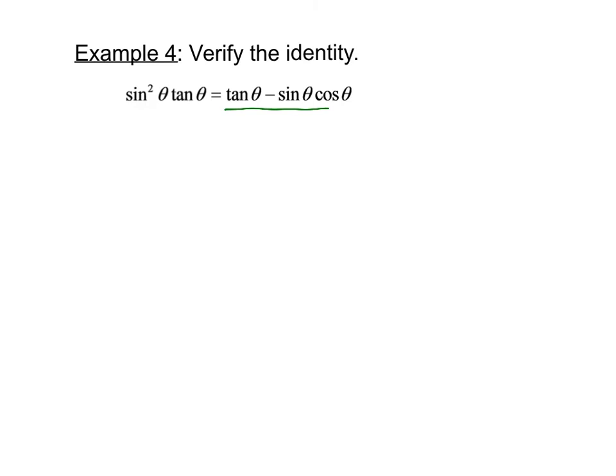So here's what I'm going to do. You see how this is all one term and then this is two terms? I'm going to rewrite, and this is going to seem kind of counterintuitive, I know. But this is what I'm going to do. Instead of sine squared, I'm going to rewrite it as 1 minus cosine squared. And I'll show you why I'm doing that in a second, because my next step is going to be to distribute this.